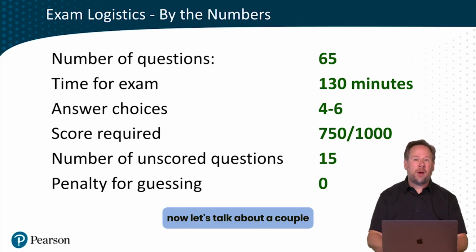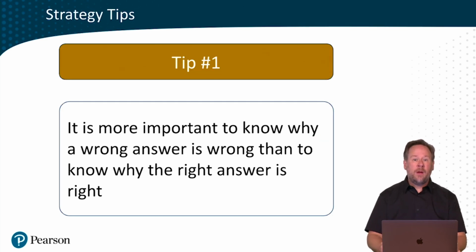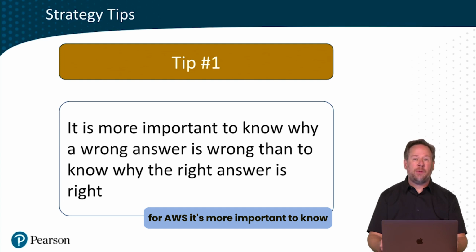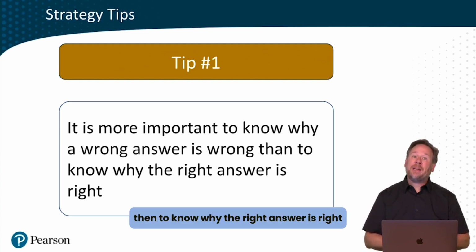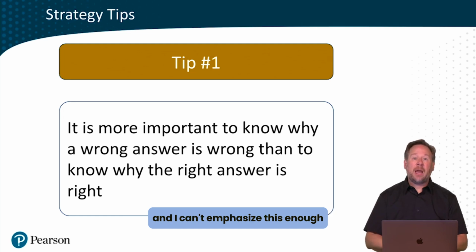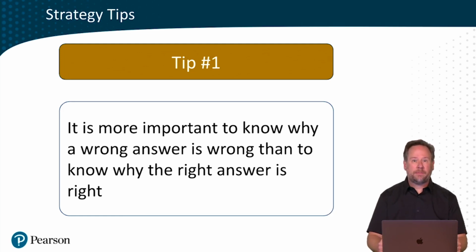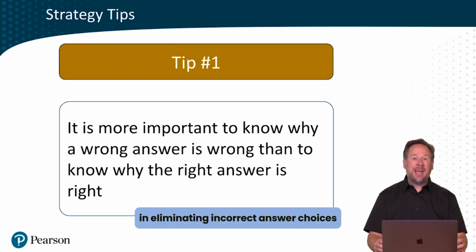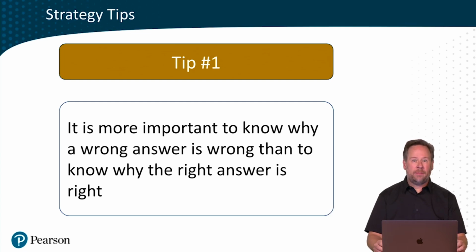Now let's talk about a couple of strategies that you can employ while you are taking the exam itself. The first of these, and I talk about this in every exam course that I teach for AWS, is that it's more important to know why the wrong answer is wrong than to know why the right answer is right. And I can't emphasize this enough. What this does is this helps you to build skills in eliminating incorrect answer choices.